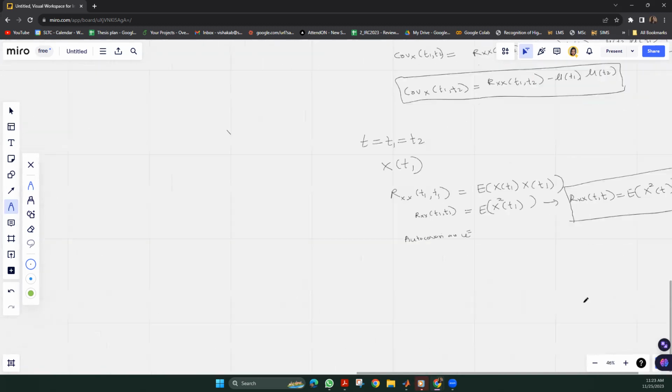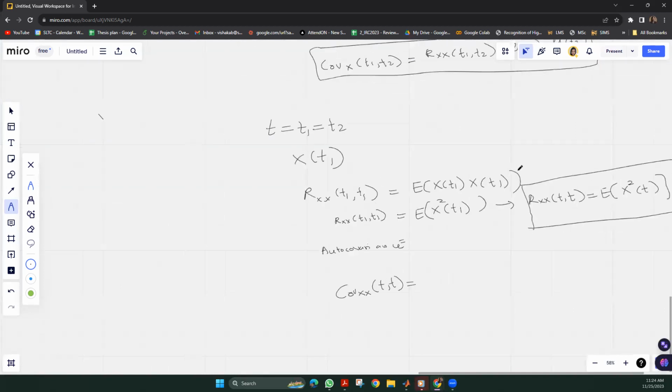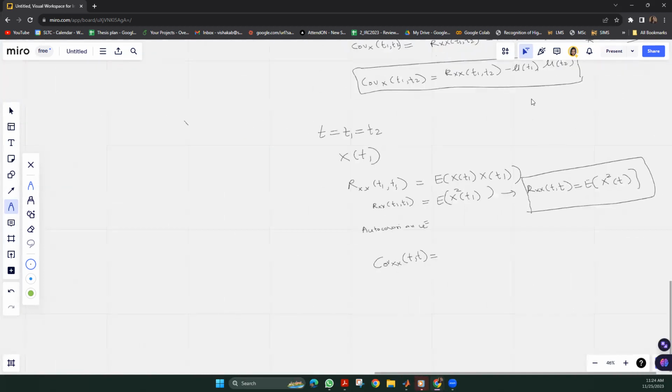Then autocovariance between the same random variable can be found by taking the same t value for both the random variables, and then you can define the function as C(t, t) equals R(t, t) minus mu(t) into mu(t).